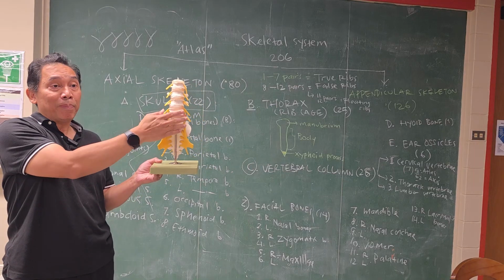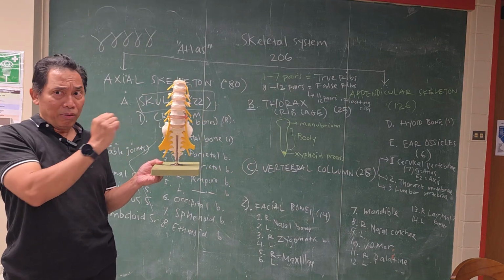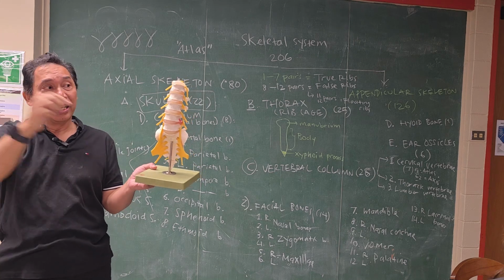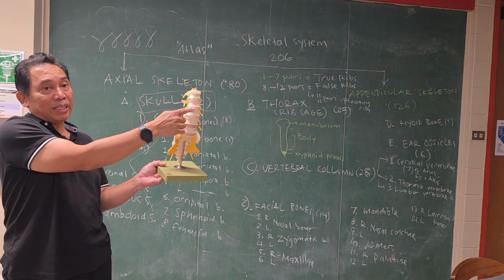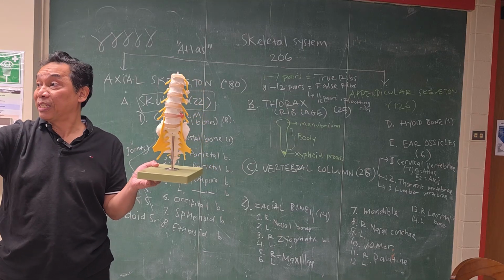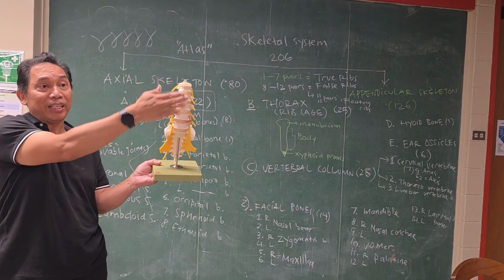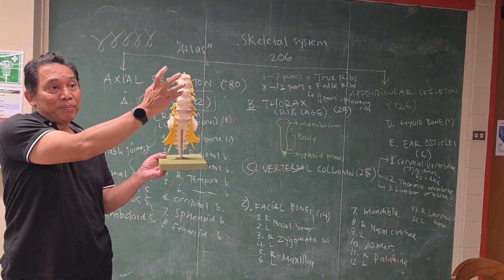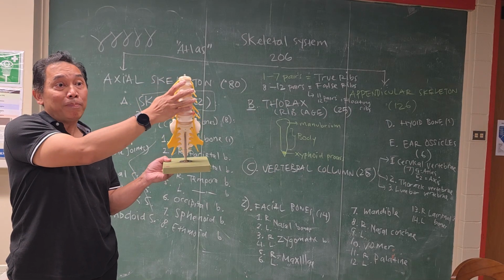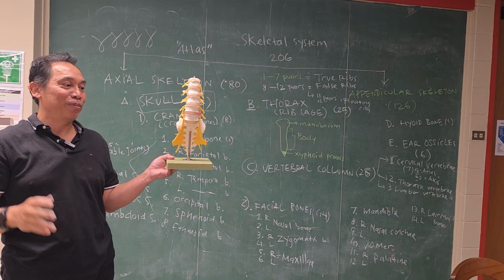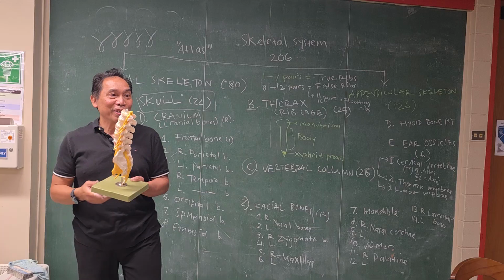Many people have problems with this area because if they work very hard, carrying heavy things, the vertebral disc can slip, causing a slipped disc, herniated disc, usually located here in the lumbar vertebrae. How many of them? 5. What are the names? L1, L2, L3, L4, and L5. Well, that's not that difficult, right?